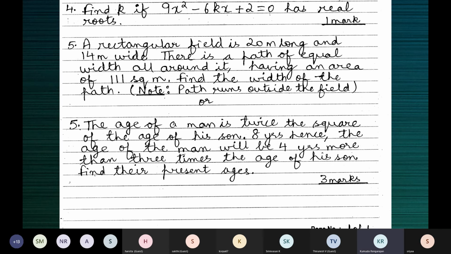The age of a man is twice the square of the age of a son. So if the son's age is X, the father's age will be, what is the square of the son's age? X square. Twice that, 2x square.